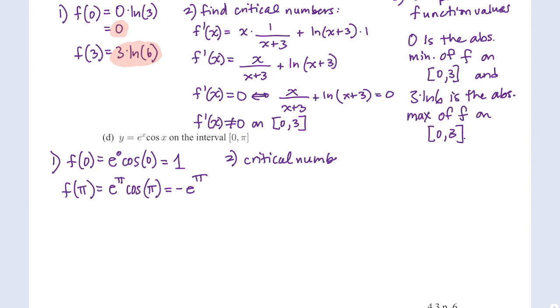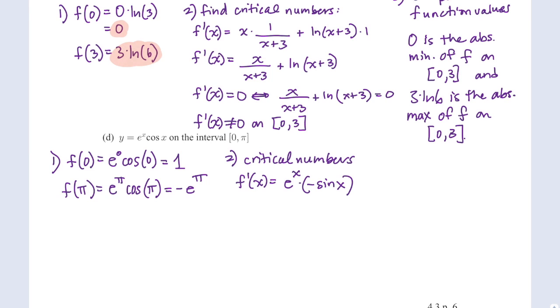Let's see if we actually find some on this one. So the derivative would be, again, we'll need a product rule. So I'll have the first factor times the derivative of the second factor.